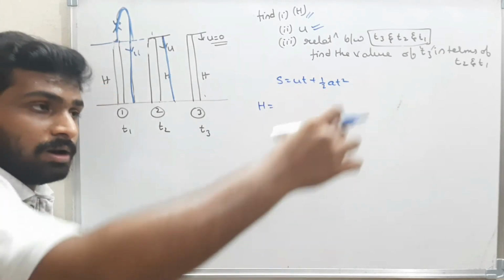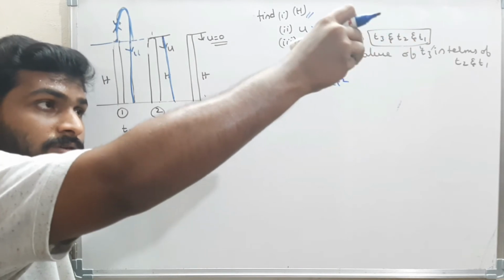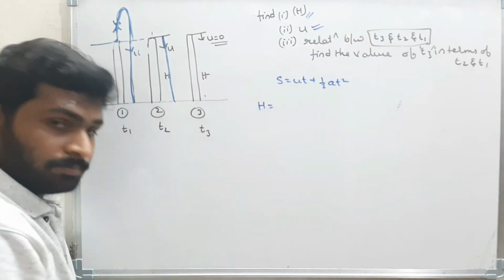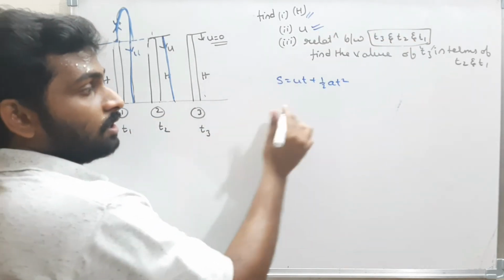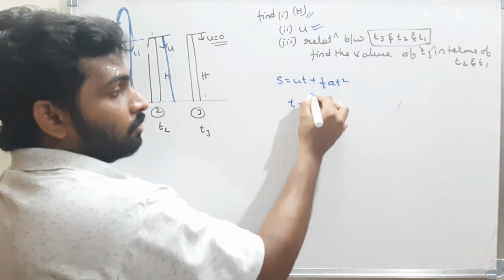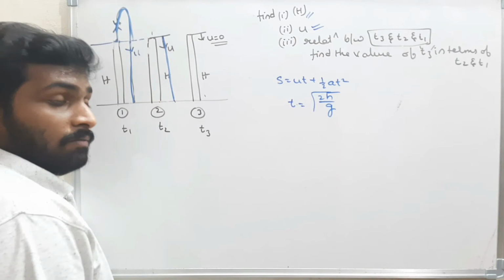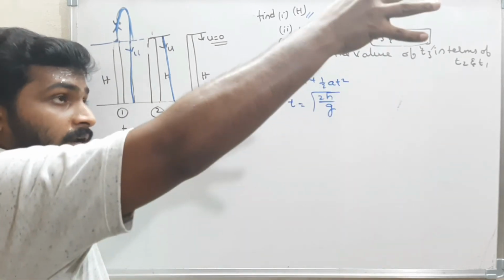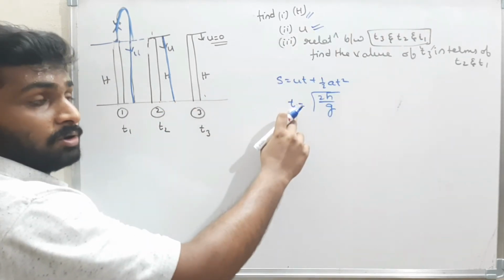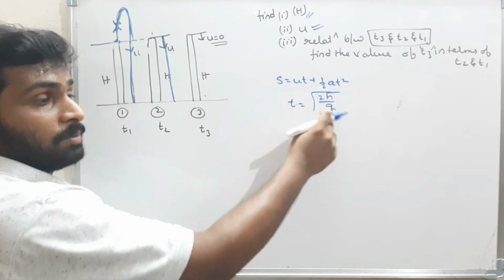What is the time taken by the body to reach the ground? The time taken by the body to reach the ground is root of 2h by g. Do you remember this? Whenever I leave a body freely from a certain height h, the time taken by the body to reach the ground is root of 2h by g.